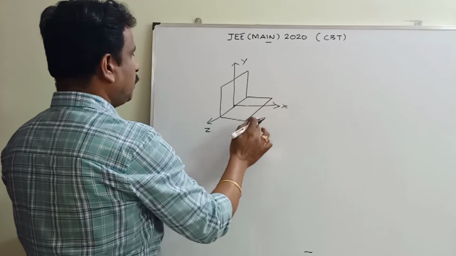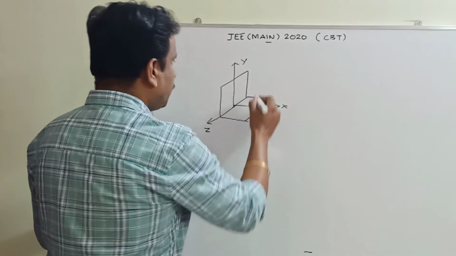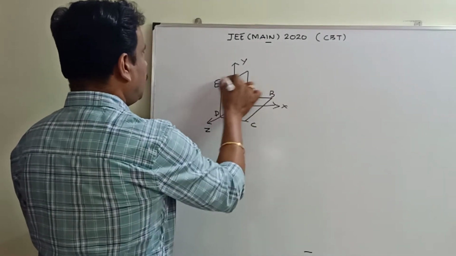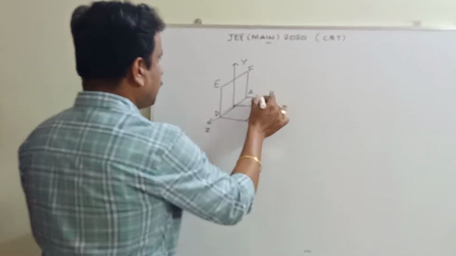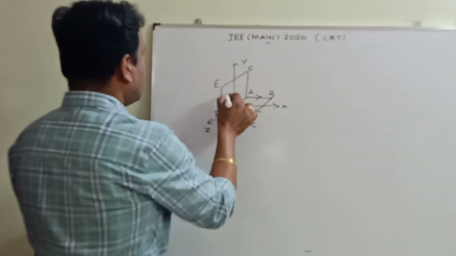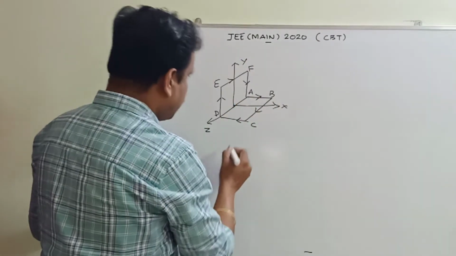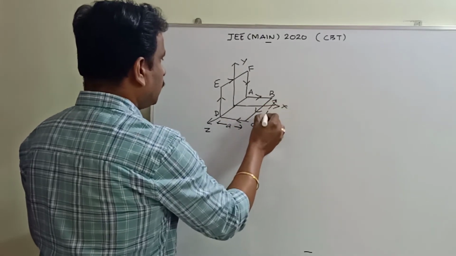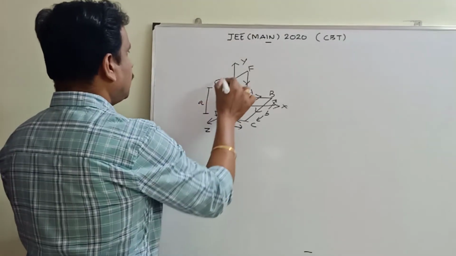In this loop, the points are named A, B, C, D, E, F. At the bottom, the current flows like this, and here the current flows like this. So this side is A, and this side is B. As well as this side is A, and this side is B.